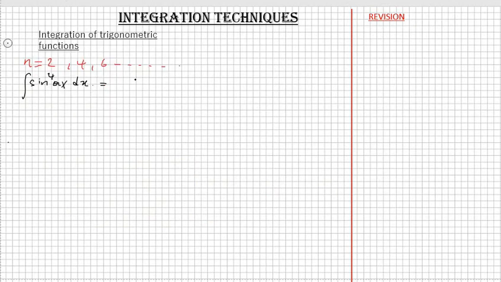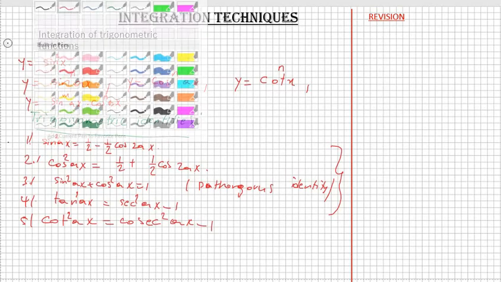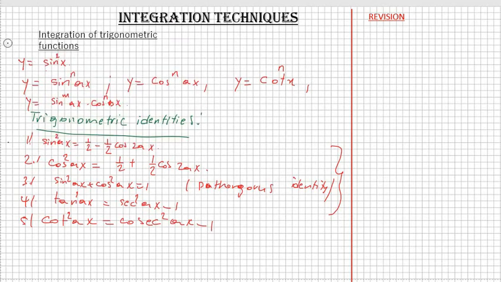So what I'm gonna do here is I can write sine to the power of 4 as sine to the power of 2 ax and everything to the power of 2, and then we have dx. So now there is an identity law for sine square ax, because I know that from the previous slide I have this. So sine square ax is given by this expression here.